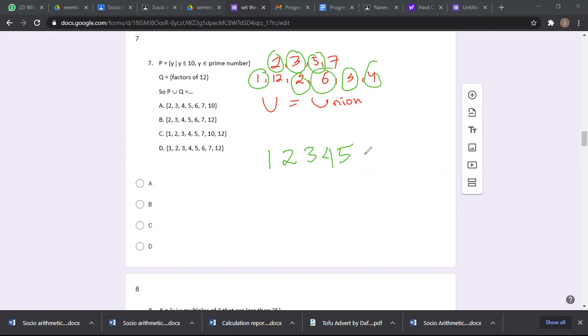And then I have 6, and then 7, and then 12. So this is P union Q: 1, 2, 3, 4, 5, 6, 7, 12. So there is no 10. So this is the correct answer.